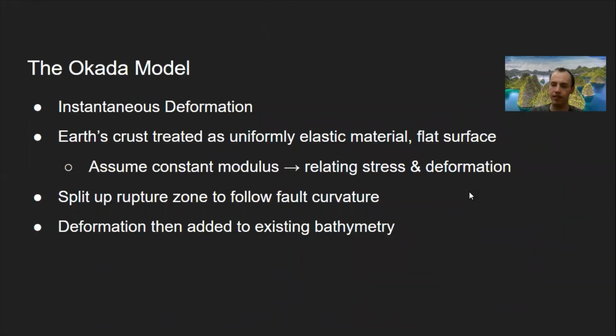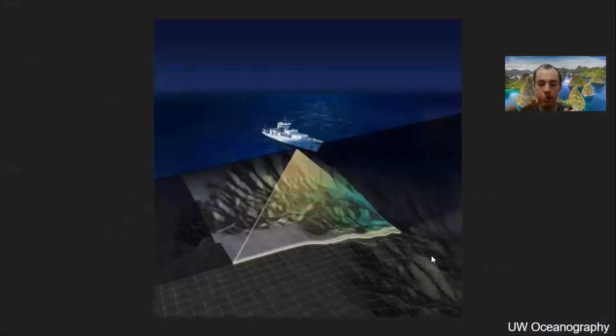And last but not least, essentially the way that Geoclaw does it is we do all these computations based off of this rupture zone of how that seafloor is going to change. So we're going to get some parts that are pushed up, some parts of the seafloor that are pushed down. And essentially what we do is add those changes to the existing bathymetry, or the existing seafloor elevation, as you can see here.